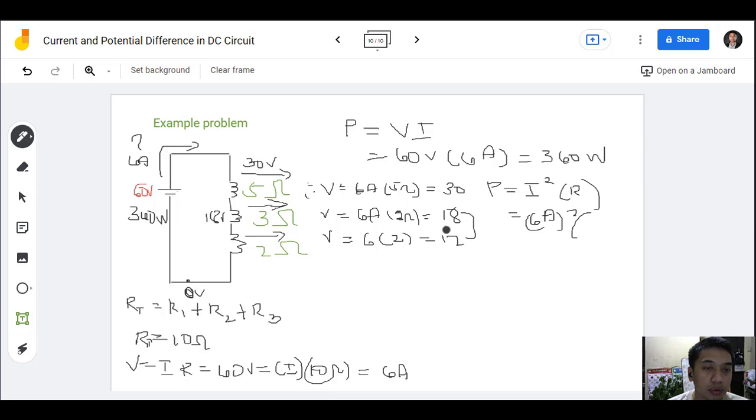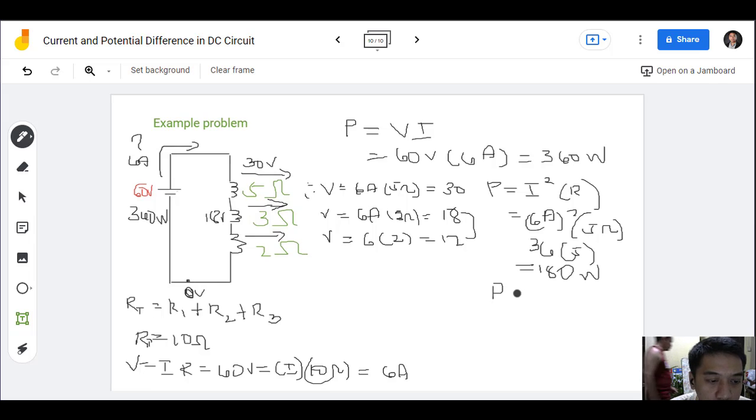Then we have resistance of 5 ohms. So 6 times 6 is 36 times 5 is equals to 180 watts.